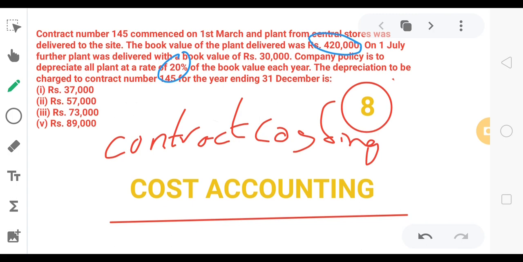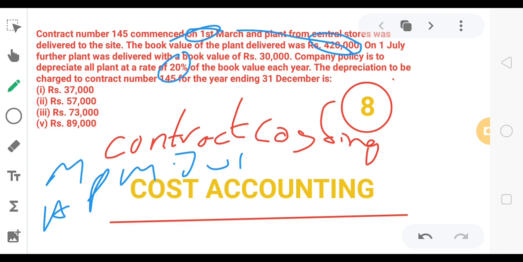No year is mentioned here, so we simply assume. The contract commenced on 1st March, and the first plant came from Central Stores. So March, April, May, June. 1st July will not be taken into consideration, so we take 1st March to 30th June, that is 4 months.